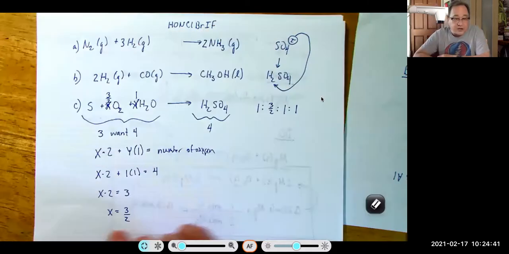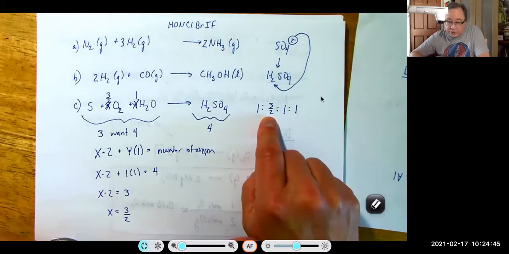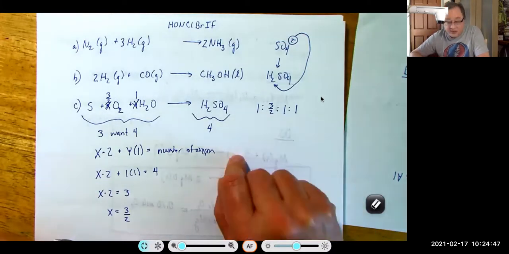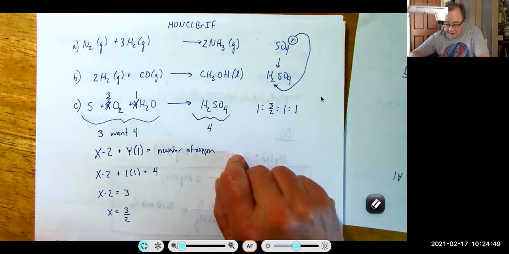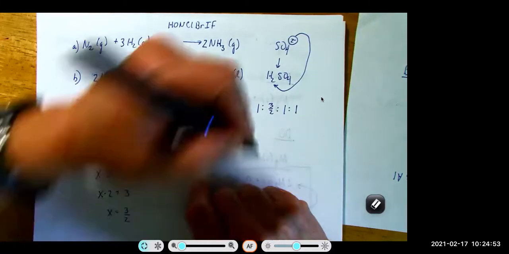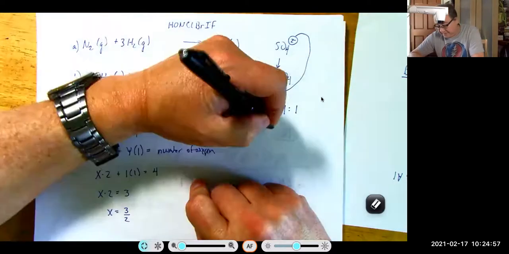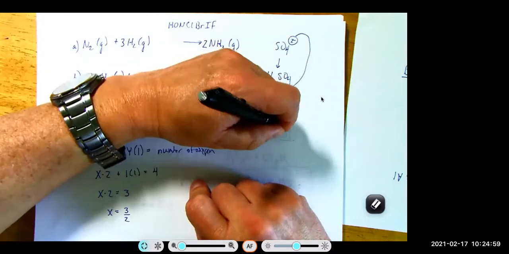How can I get rid of that 3/2, but also keep the ratios the same? The answer is double everything. If I double 1, what do I get? 2. And if I double 3/2, what do I get? 3.